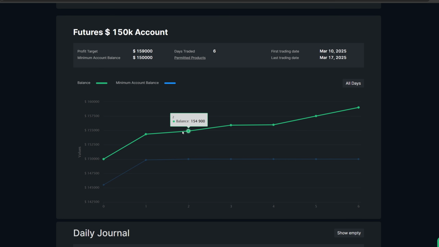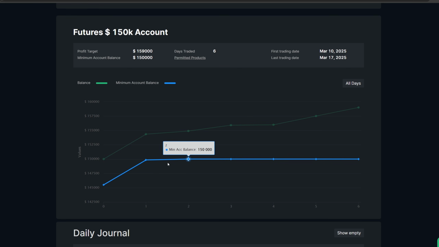$154,900. Now, what I want you guys to understand with the drawdown, and this varies within different prop firms. For instance, Apex, the drawdown continues to trail you all the way up in the evaluation phase, but then once you're in a funded account, it'll stop once you've met your drawdown requirement plus $100.